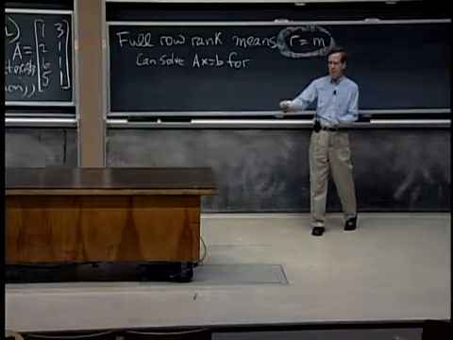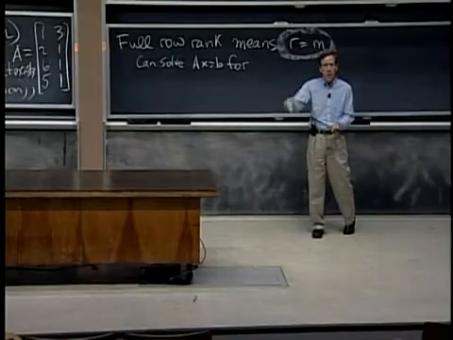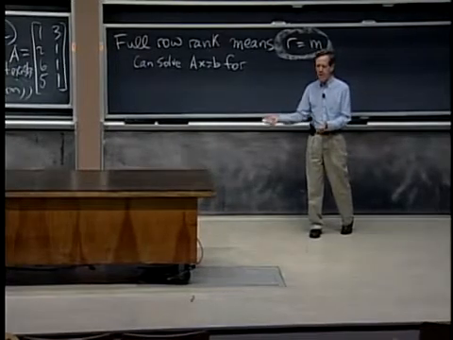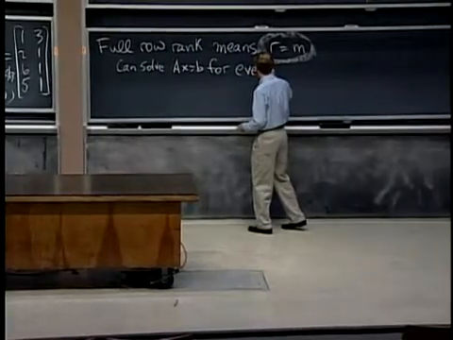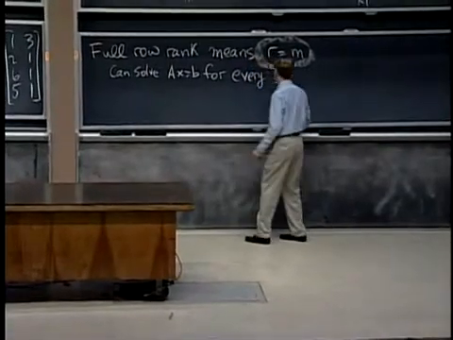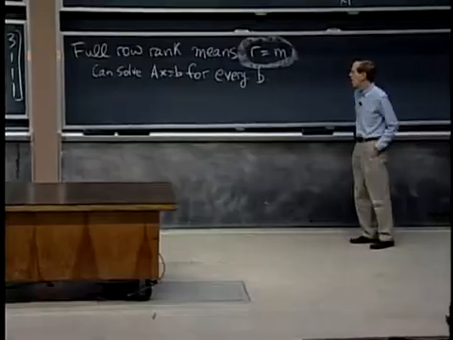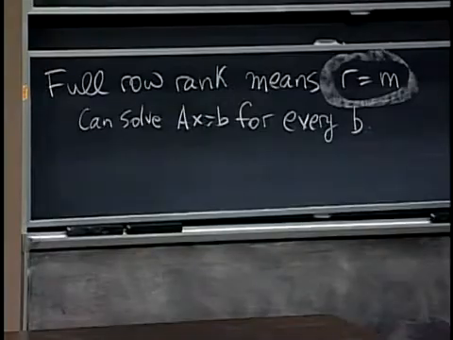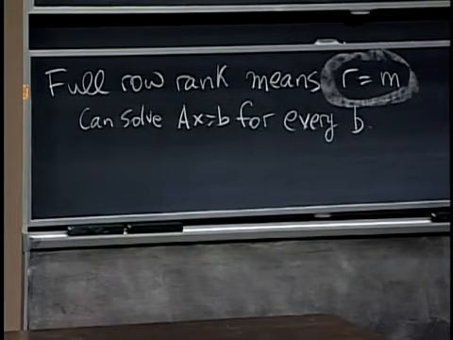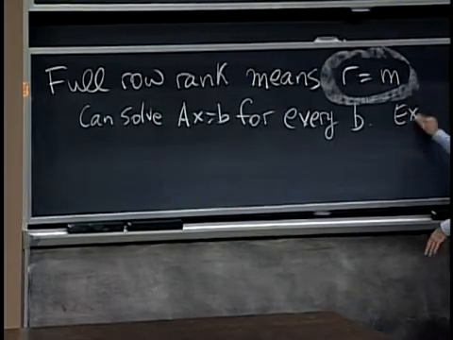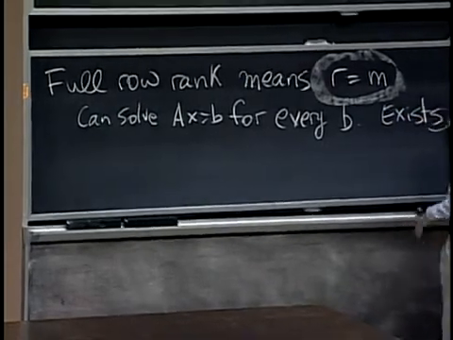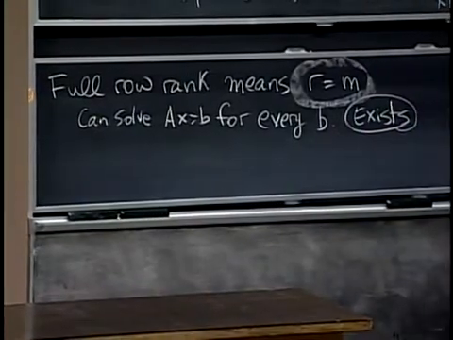I don't get any 0 rows. So there aren't any requirements on B. I can solve AX equal B for every B. I can solve AX equal B for every right-hand side. So this is the existence. Exists a solution.